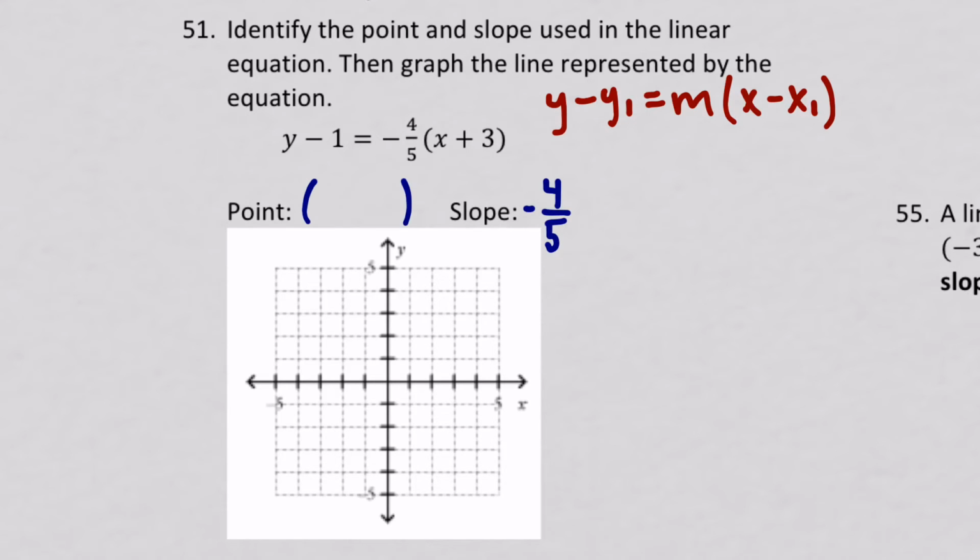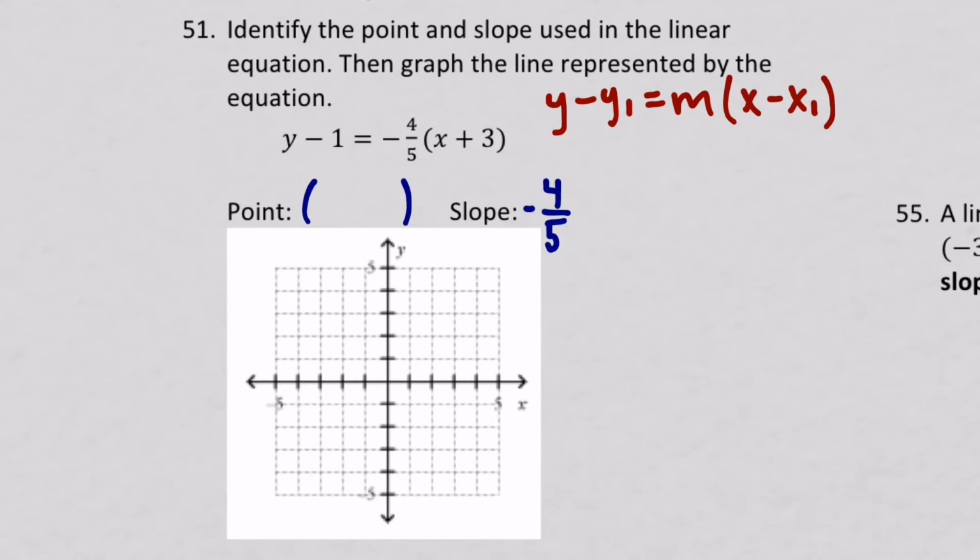You have to compare the equation they gave you to the point slope form and think, what is x sub 1? Well, it's right here in this number. But the form says x minus x sub 1, so there should be a negative here. Since there is a positive, that gives you the clue that the sign of this number will be the opposite of the actual coordinate.